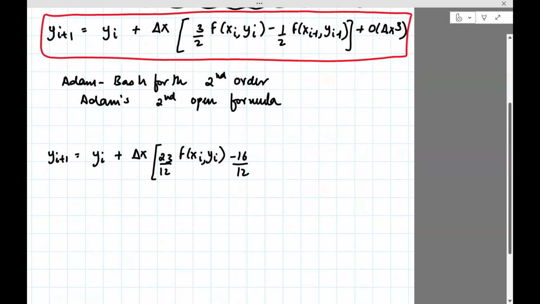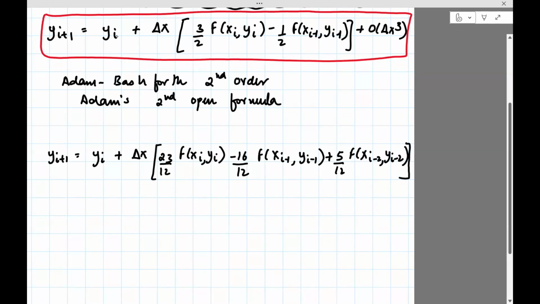Again, it will be obvious in just a bit. f of xi minus 1, yi minus 1, plus 5 divided by 12 f of xi minus 2, yi minus 2.